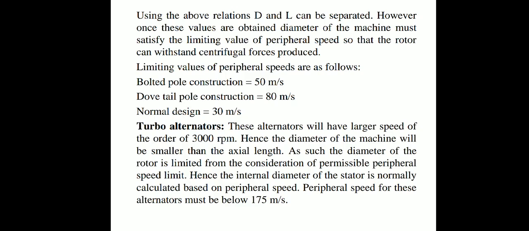As such, the diameter of the rotor is limited from the consideration of permissible peripheral speed limit. Hence, the internal diameter of the stator is normally calculated based on peripheral speed. Peripheral speed of these alternators must be below 175 meter per second.